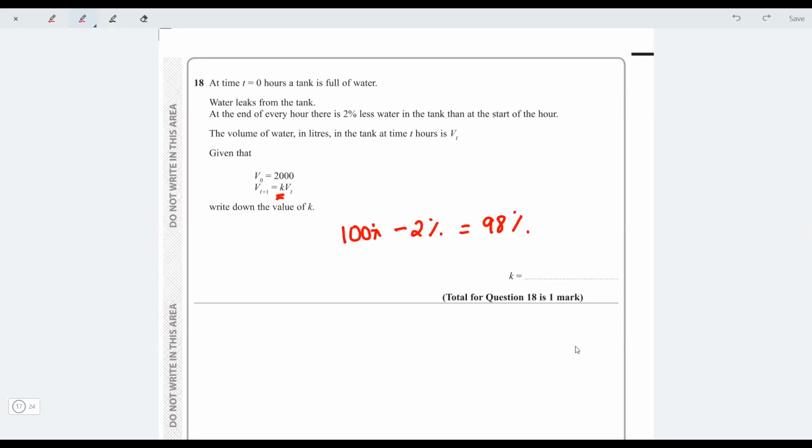So to make something 2% less, we need 98% as a decimal, and it's 0.98, and that is your answer. Looks quite tricky, sounds quite tricky, but it's actually not, and it's only worth 1 mark. It's a lot of words there, a lot of unnecessary information really to try and trick you out, especially because we're getting towards the end of the paper.